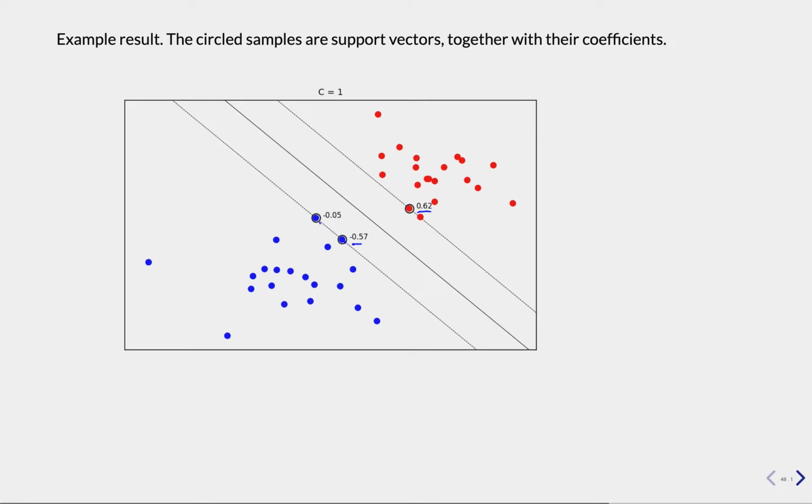This one has a larger negative weight. So this is actually yi times alpha i, right? So it's the weight. The weight is always positive, and then we put a minus here if the correct class is negative.